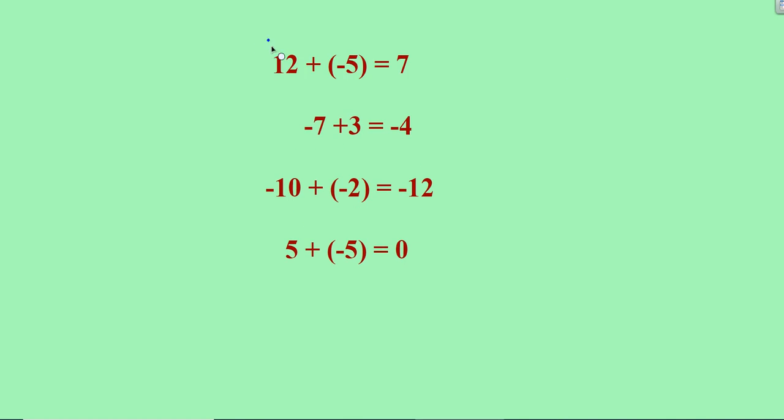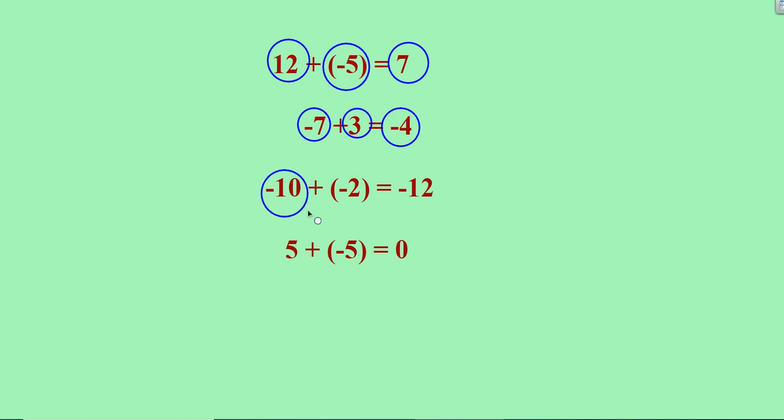Now here 12 is an integer. Negative 5 was again an integer. What is the answer? Answer is 7. 7 is also an integer. Similarly, here negative 7 is an integer, 3 is an integer, answer negative 4 is also an integer.